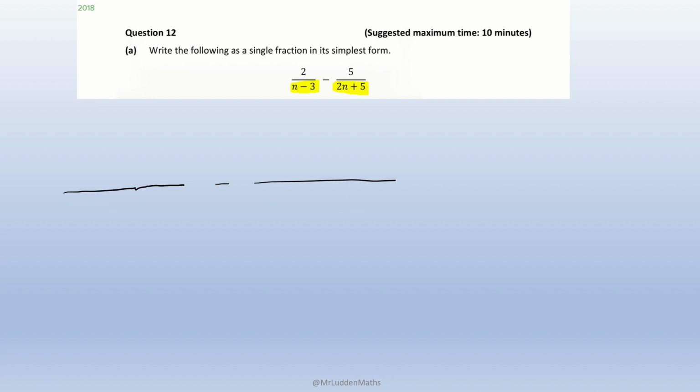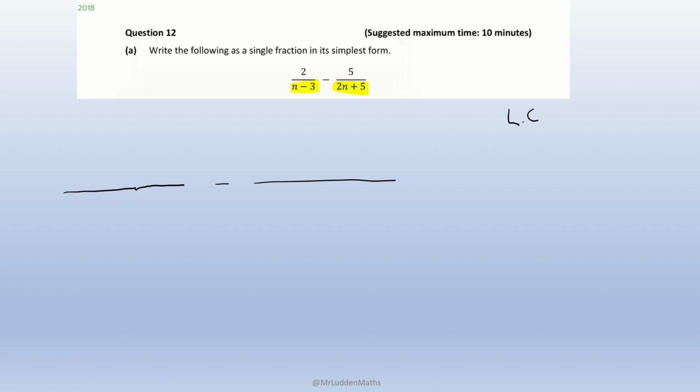What you're going to do is go and get your lowest common multiple of those two, but it's going to look a small bit different. So let's see what that might look like.